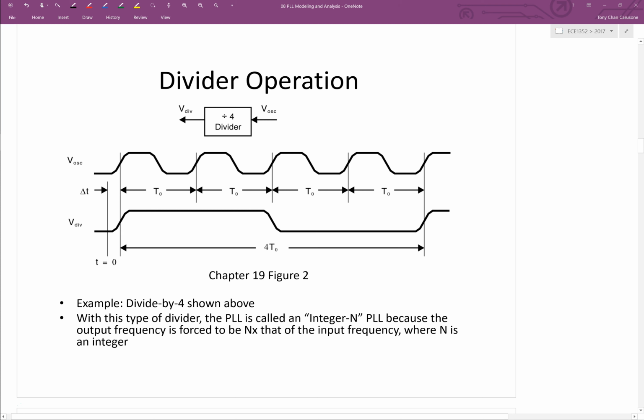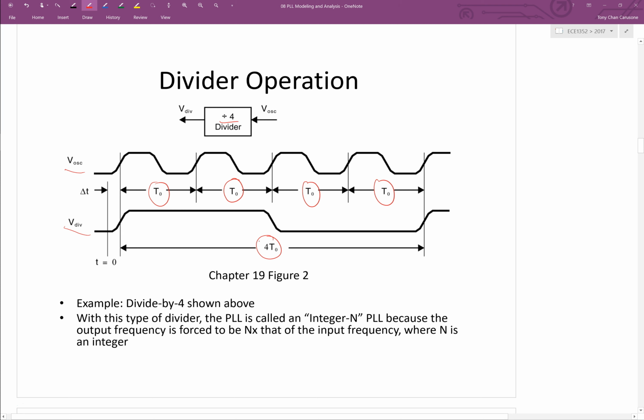It takes the input clock from the oscillator and then produces a divided down version of the clock out here. So the period of the output of the oscillator is labeled T0 here. So the period of the divide by 4 output is 4 times T0.